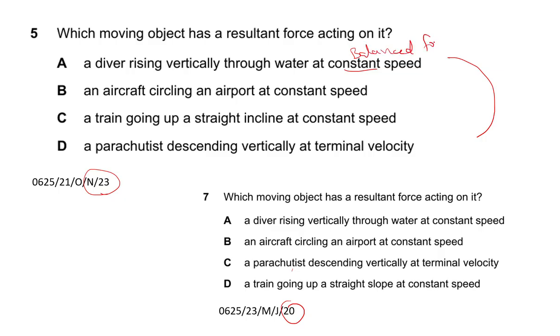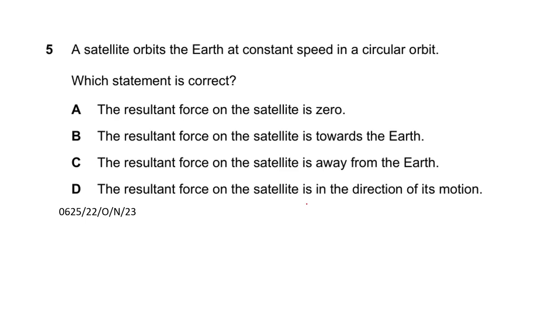When it is moving in a circular path, even though it is moving with a constant speed, it has a resultant force. So this concept you keep in mind. So only in a circular path, even though it is moving at a constant speed, the object will have a resultant force. So option B is the right answer. The same question is repeated in 2020 also. So B is the right option here too.